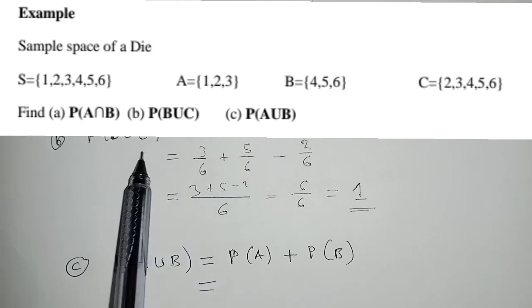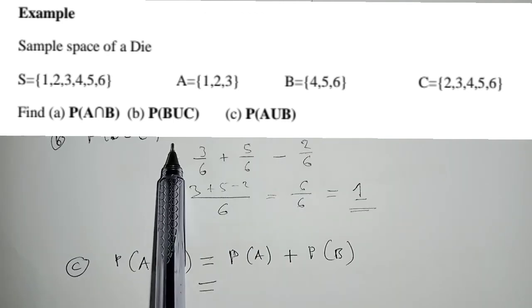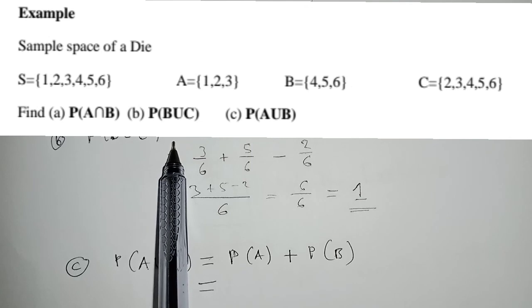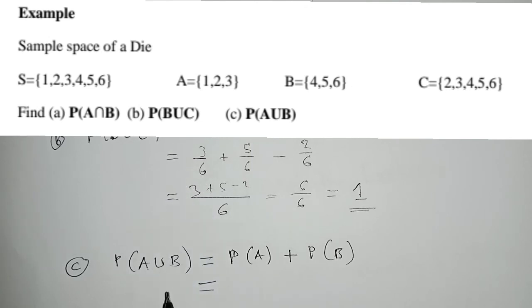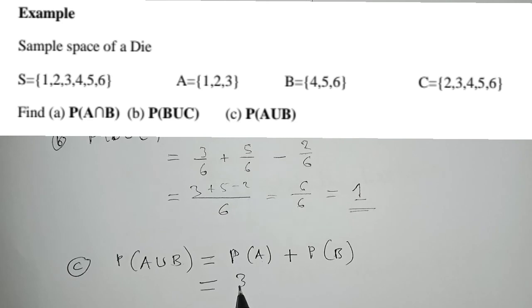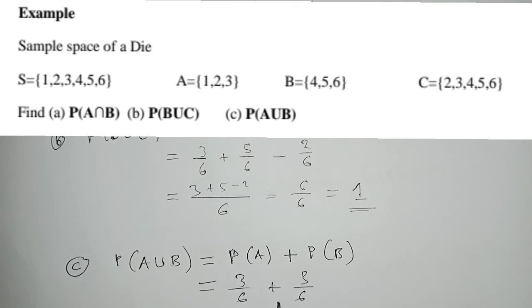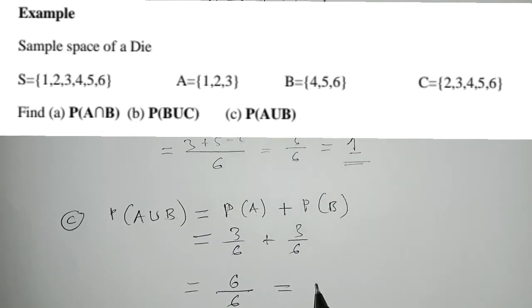For the previous one, they were not mutually exclusive. They had something in common. But for A and B, they don't have anything in common. That means we're going to use this formula. So probability of A is 3 over 6 plus probability of B is also 3 over 6. Here we have 6 over 6, which is also equal to 1.